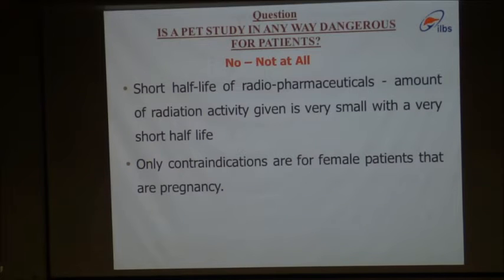Now, this is a very safe study because it is not dangerous to anybody, as it has a very short half-life and the amount of radiopharmaceutical given is a very low dose. The only contraindication is pregnancy in females.